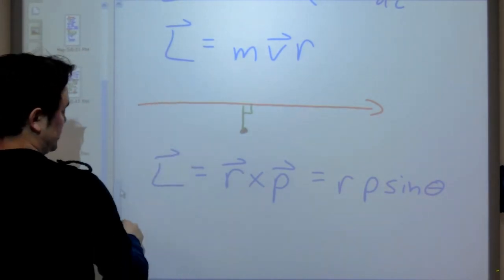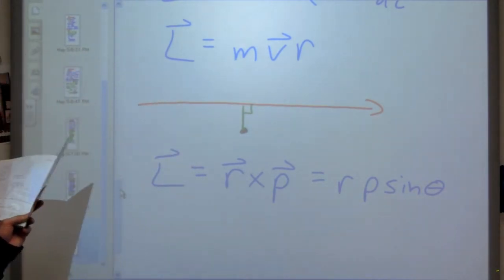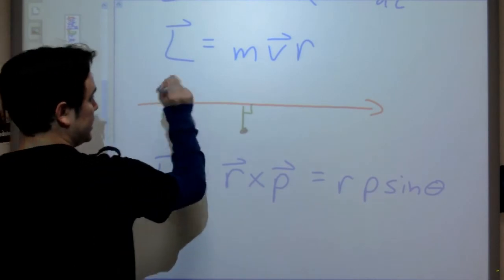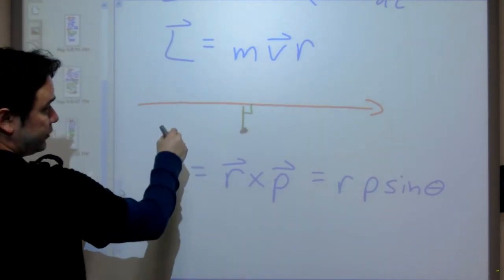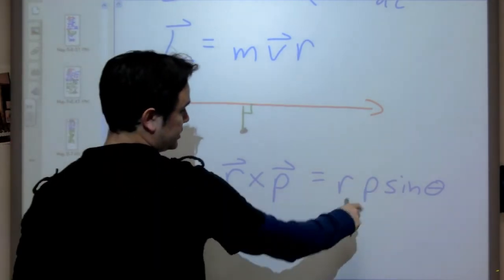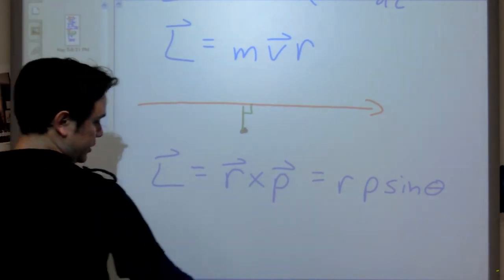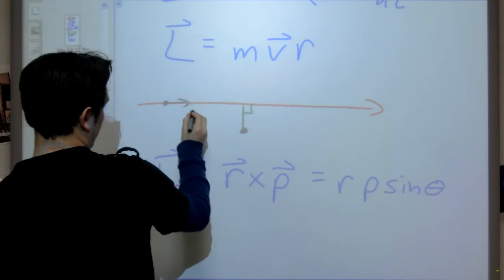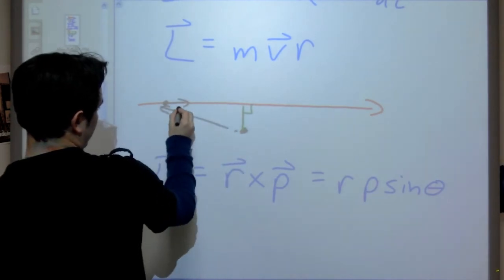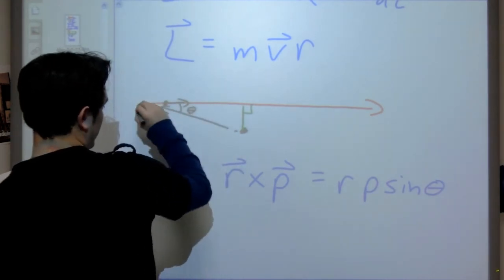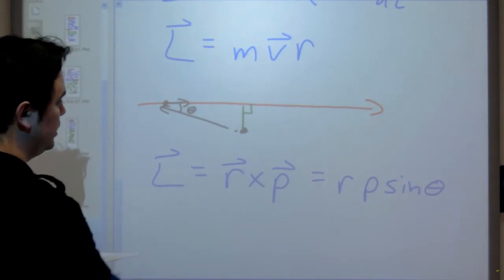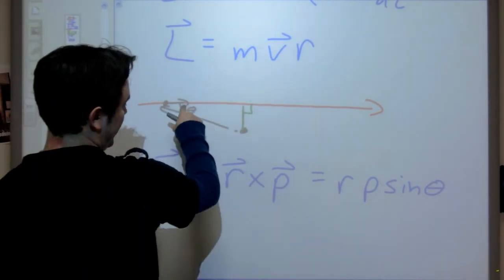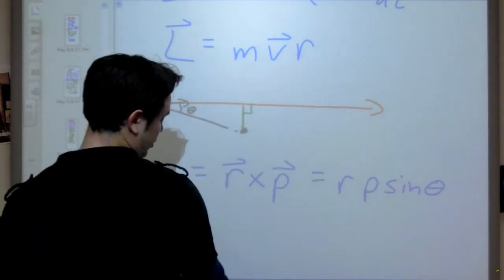The main reason that I bring this up, because I don't usually try and give you the simplified forms, is because this one is eminently more useful, and if you're comfortable with it, it will save you time having to simplify all of this guy down. Because you may start off with your object back over here, and so you're going to be looking at some r back over like this. You'll find the angle theta between them, and it'll be a bit of a mess. It turns out that when you evaluate all of that, it's going to give you the exact same value as this guy.